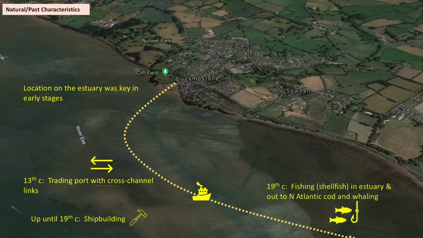And also during this time, fishermen would leave Lympstone, go out into the estuary and fish shellfish there, particularly mussels, but they also went wider afield out into the North Atlantic and fished cod and did whaling. So the key link to the sea, because of its natural location by the sea, shaped Lympstone's early identity.